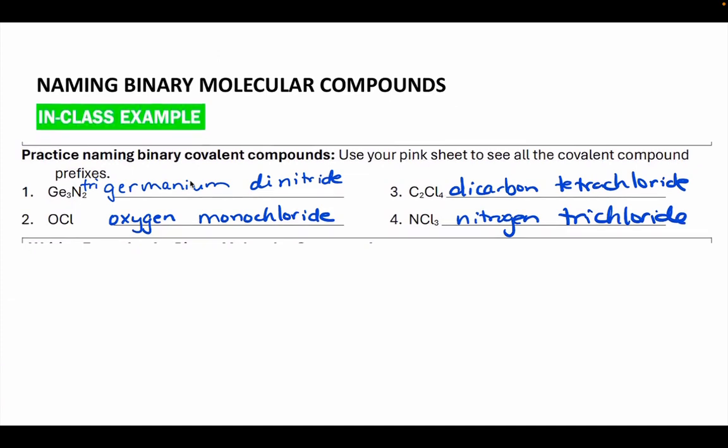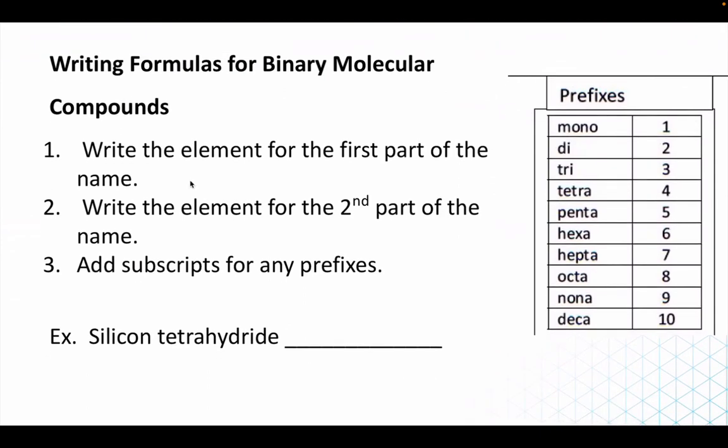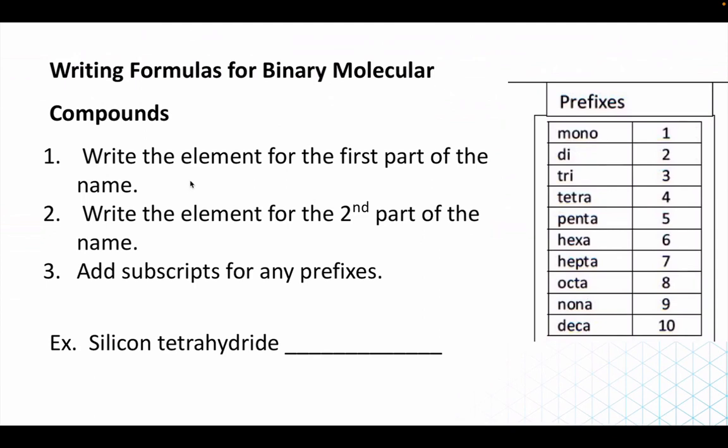Going the other direction, writing the chemical formula for a covalent or molecular compound is pretty easy. You don't have to look up any charges. We just look at the prefix, and that becomes the subscript. So silicon tetrahydride comes from hydrogen, the ending got cut off, and so it is just hydrogen, and there are four of them.